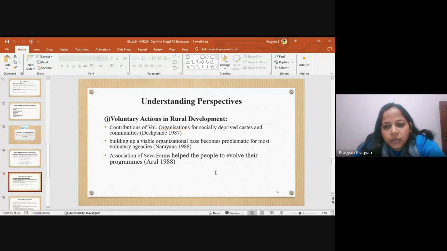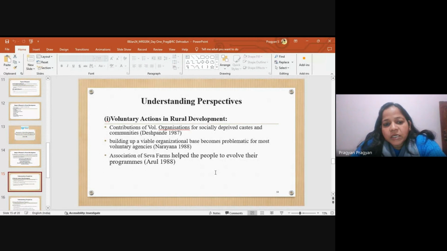Contributions of voluntary organizations for socially deprived castes and communities, that is marginalized communities, are found very significant because they have more involvement with those marginalized communities and socially deprived castes. So it is found that voluntary actions or civil society organizations are more useful in rural development.